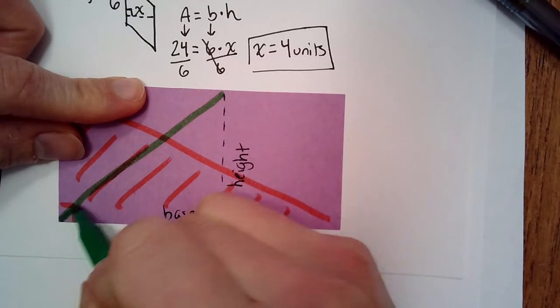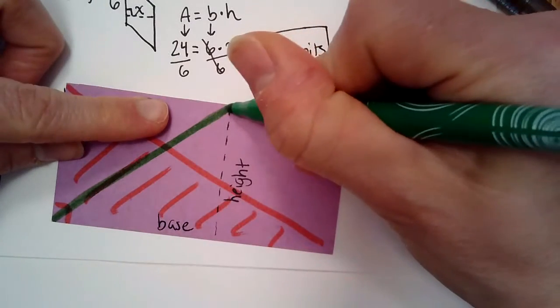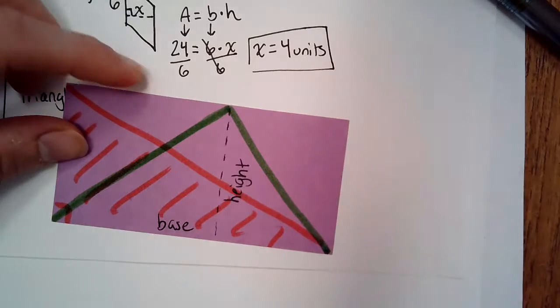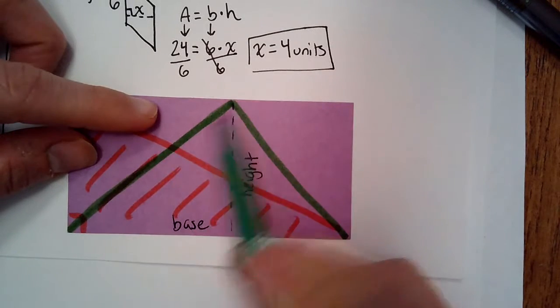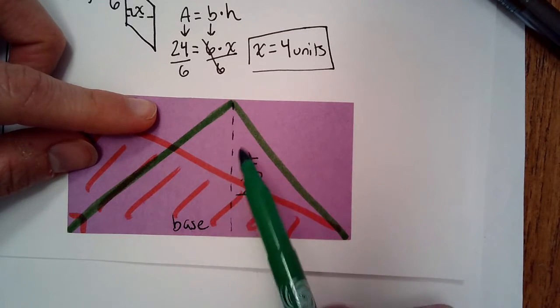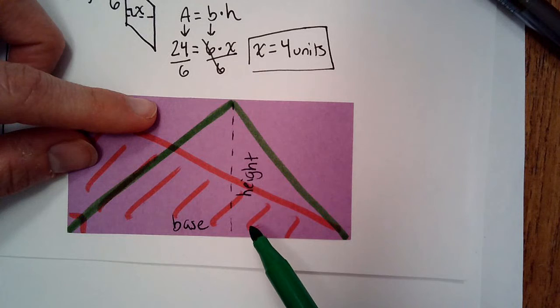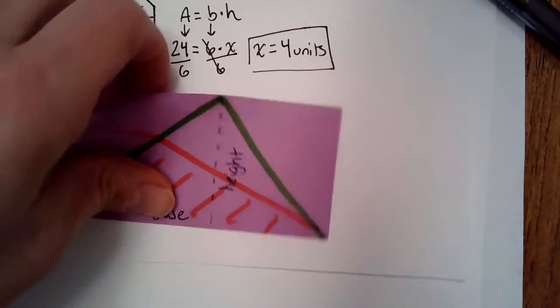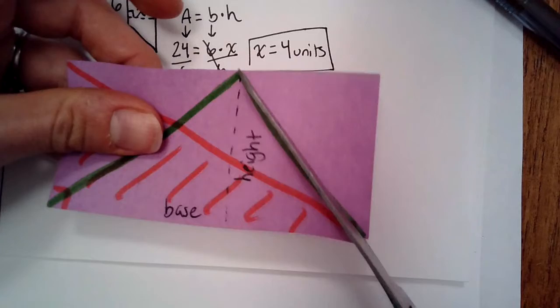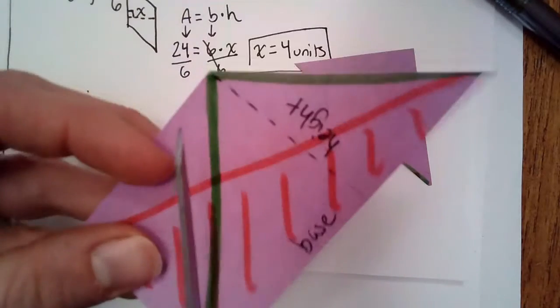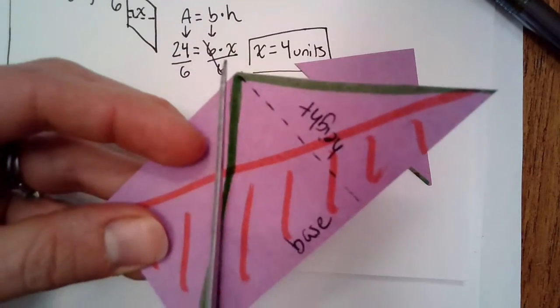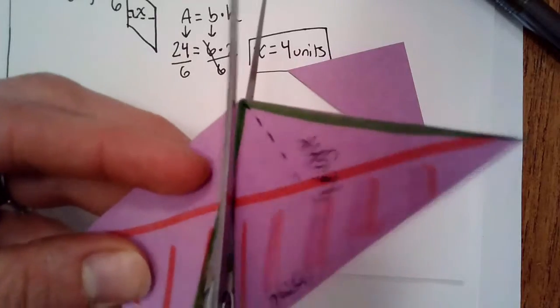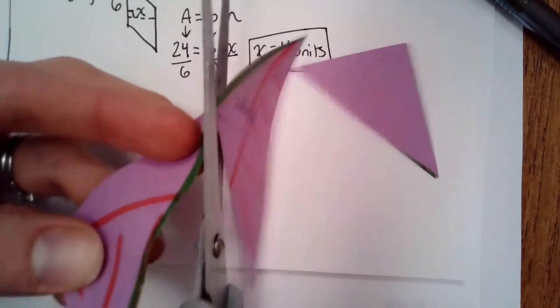I could go up to a point at the top and then back down. And if we break it up this way, the green triangle is also half of the purple rectangle. And that's because if I snip off the extra pieces and really turn it into a triangle, boy, these scissors are awful. Okay.